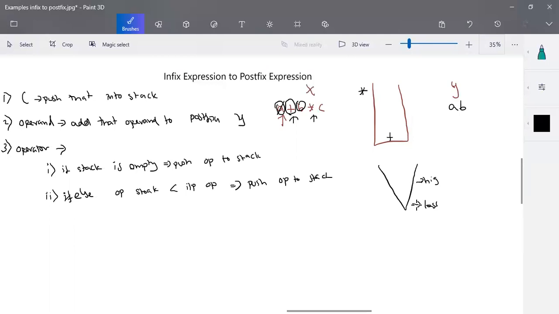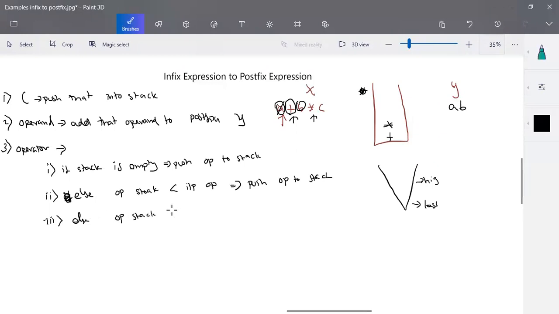This is allowed, but the reverse is not allowed. So if the operator on the stack has a lesser precedence compared to that of the input operator, then we can directly place that into the stack. This is allowed.